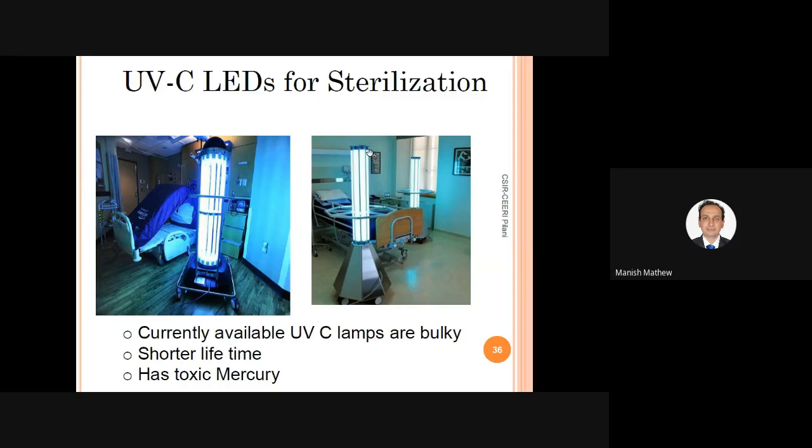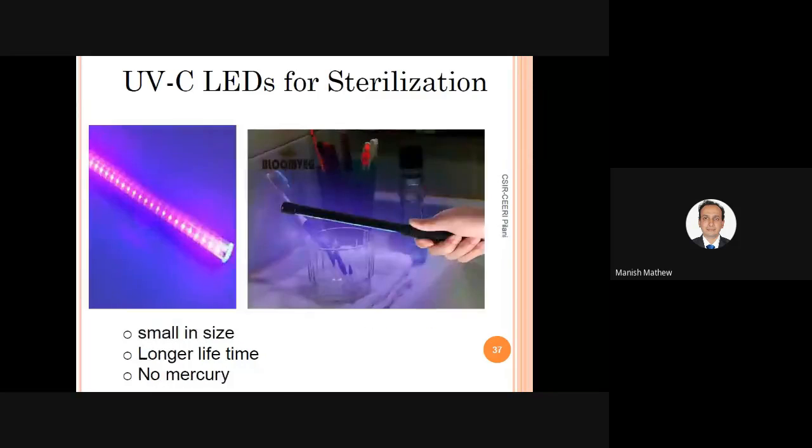These lamps are very big, very bulky, and require a wheel. They are very heavy and have a very short lifetime. Then the main thing is the toxicity. It has mercury. Now it's time to replace these UV lamps with LEDs.